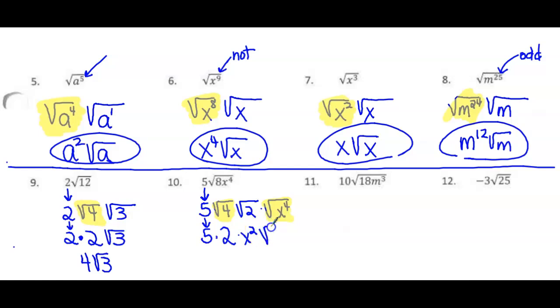It's the square root of 2. Take a look at that and why I changed the ones I did. One last step. I have to multiply 5 times 2. That is 10. X squared, square root of 2, and there's the answer to number 10.